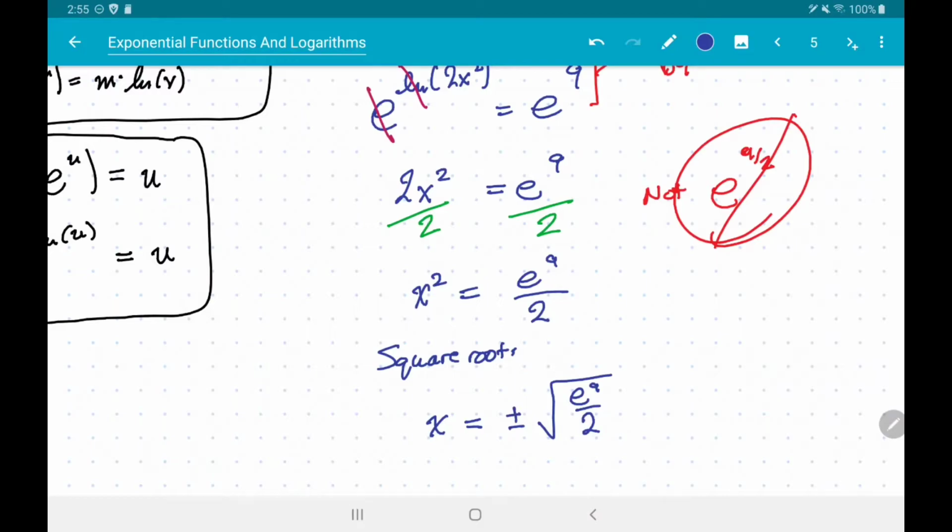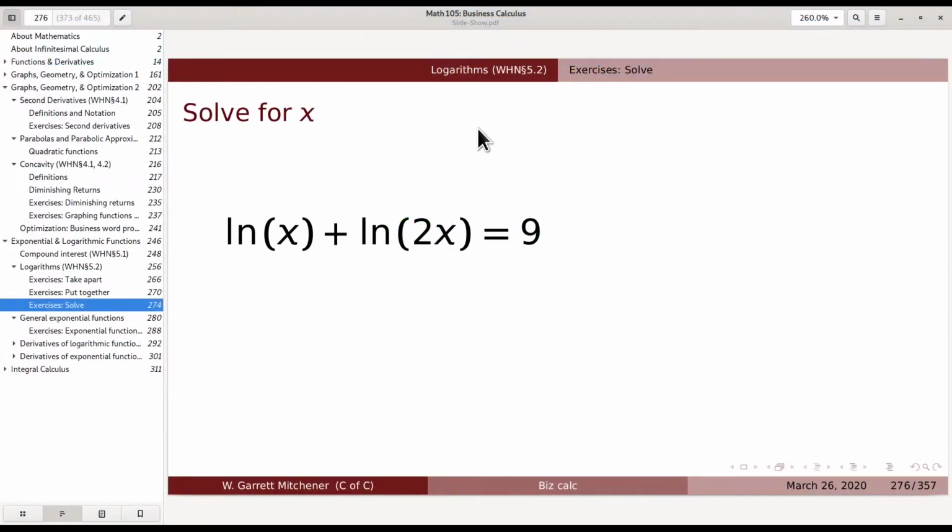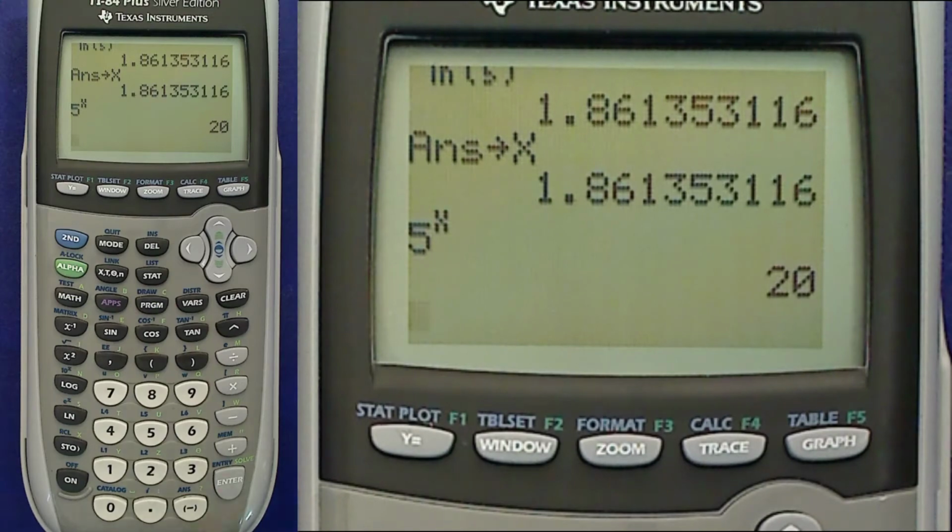However, let me show you what happens. Let's check these two numbers in our calculator. So again, remember, this is the equation that we're trying to solve. If I plug x into that equation, the thing on the left-hand side, I ought to get a 9 out of it. So let's give this a try.